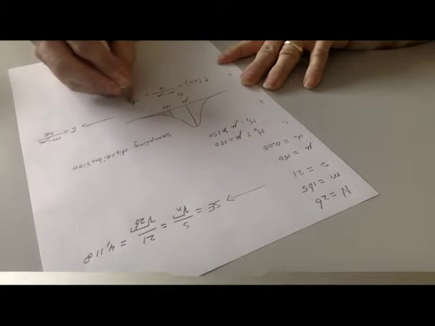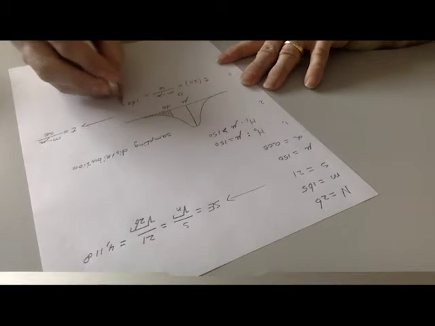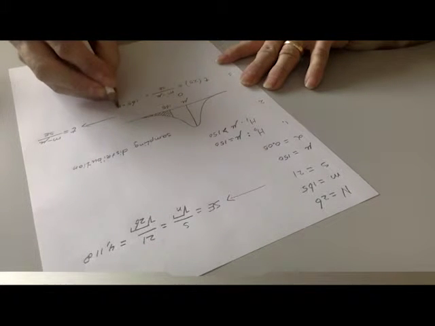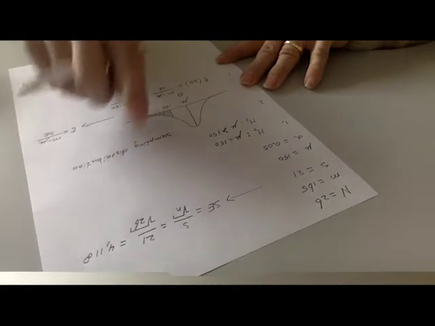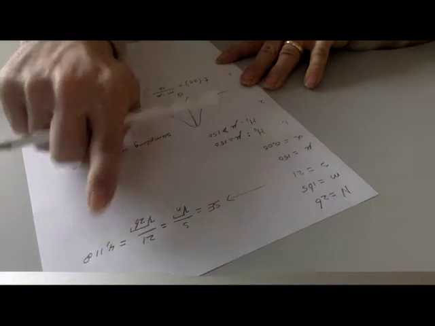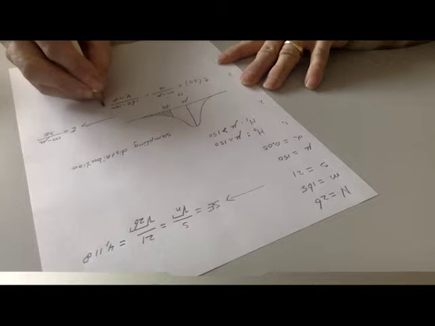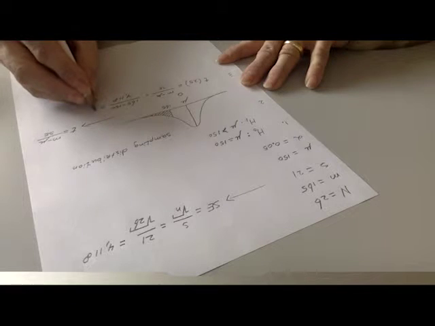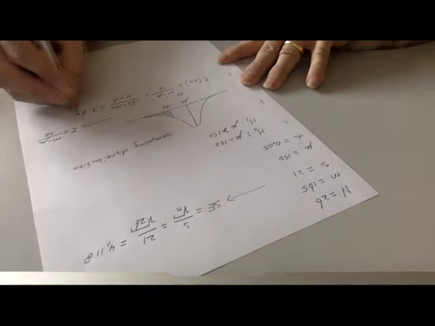Therefore, 165 minus the hypothesized mean of 150 divided by the standard error, 4.118. That is a value of 3.642.